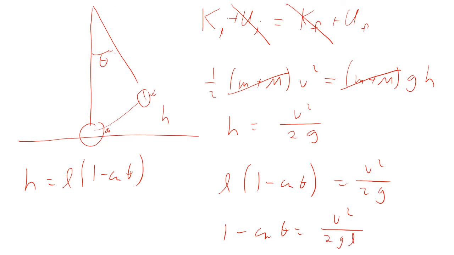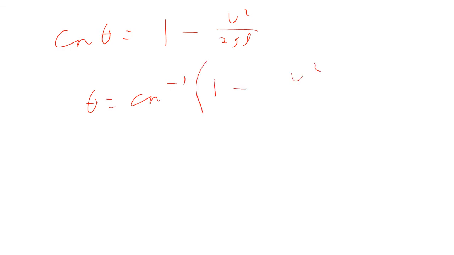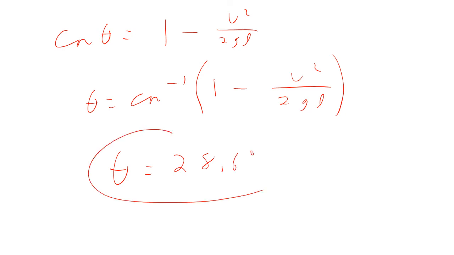Okay. That means that cosine theta is going to equal 1 minus v squared over 2gL. So theta is the inverse cosine of 1 minus v squared over 2gL. Now I can plug in all the numbers and you get 28.6 degrees.